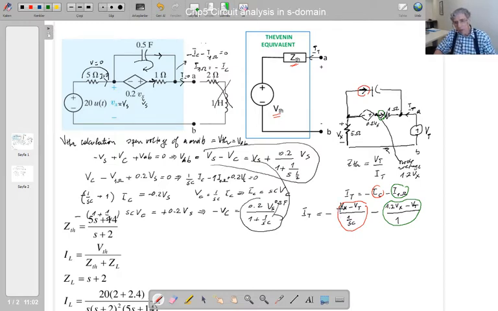So what we have done all that, we transferred now, we are trying to calculate It in terms of Vt. So this Vt is okay, that Vt is okay, It is okay. I would like to get rid of that Vx. How I am going to get rid of that Vx is easy. Let's consider this node.